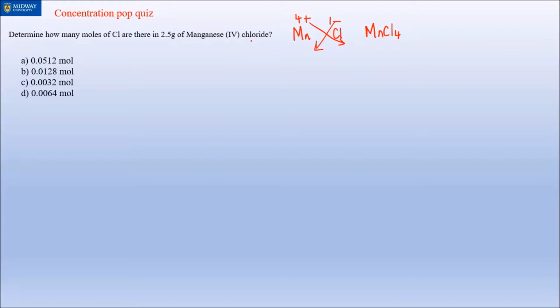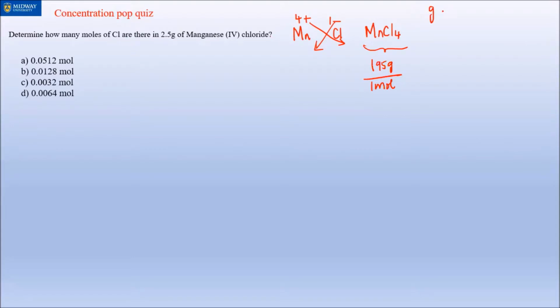So if you don't know how to go from here to here, you have to go back to that video where I have explained it. All right, and I believe I've shown you this to be 195 grams per mole. That's the molar mass of this MnCl4.